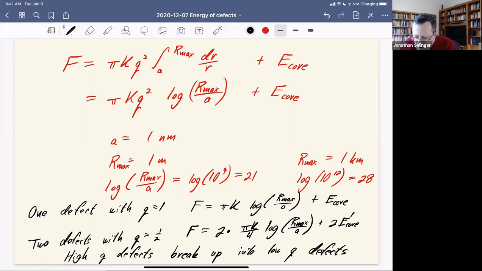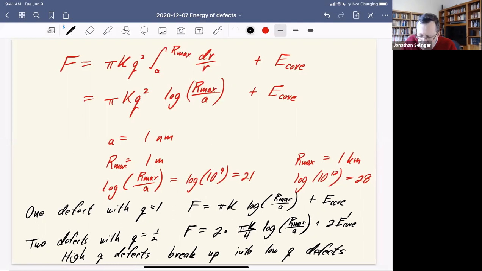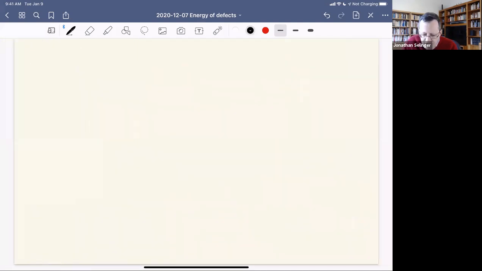Okay, let me show you one more thing that you can get from this kind of calculation with the Frank free energy. What if we want to study the interaction between two defects?